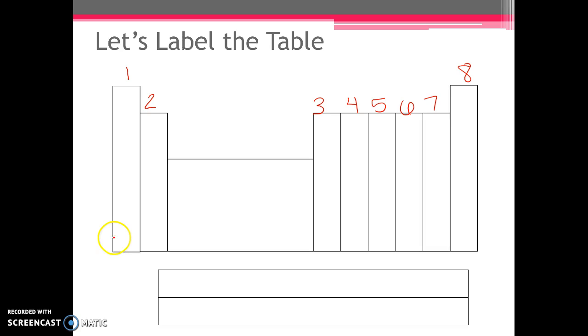This first group are called the alkali metals. Group 2 are called the alkaline earth metals. The middle part here we called the transition metals.